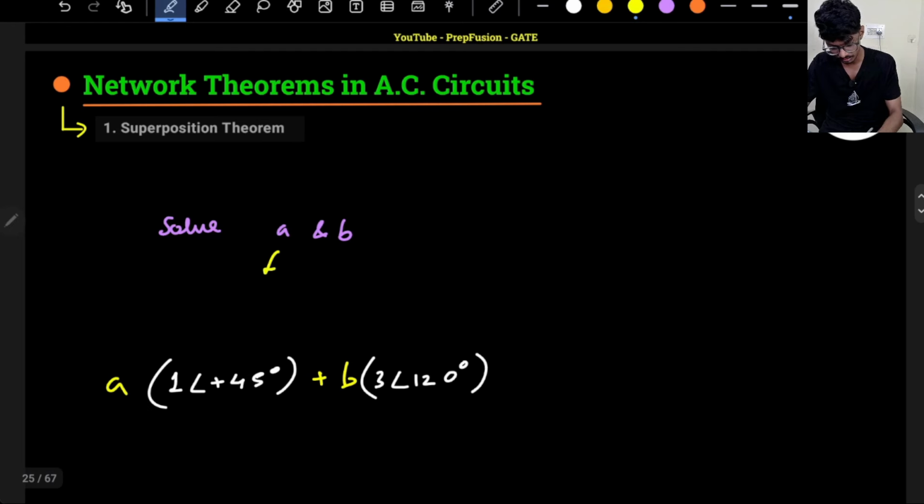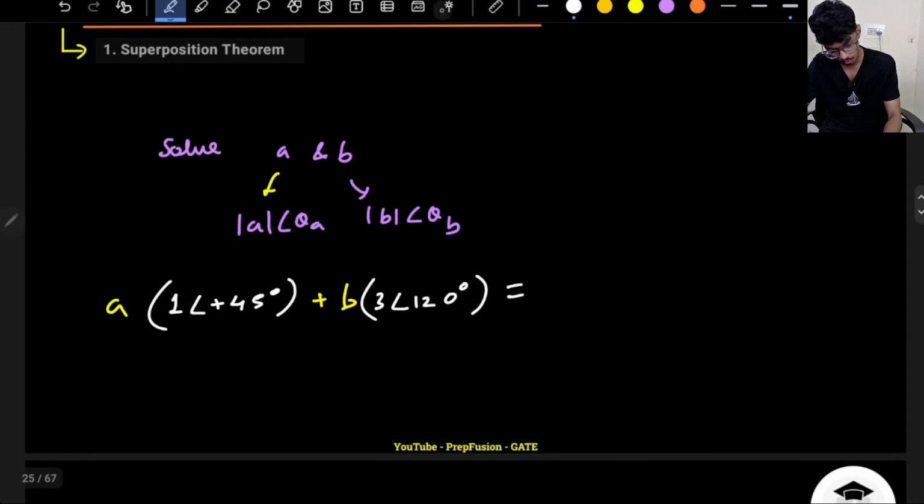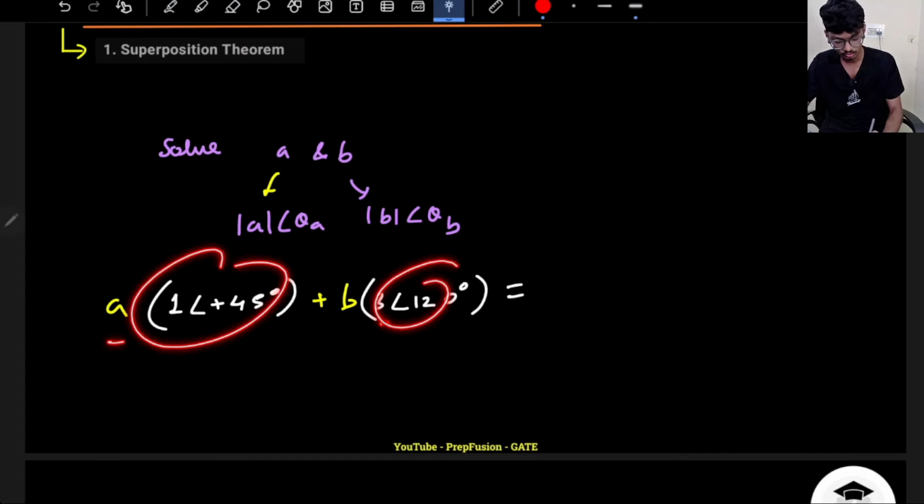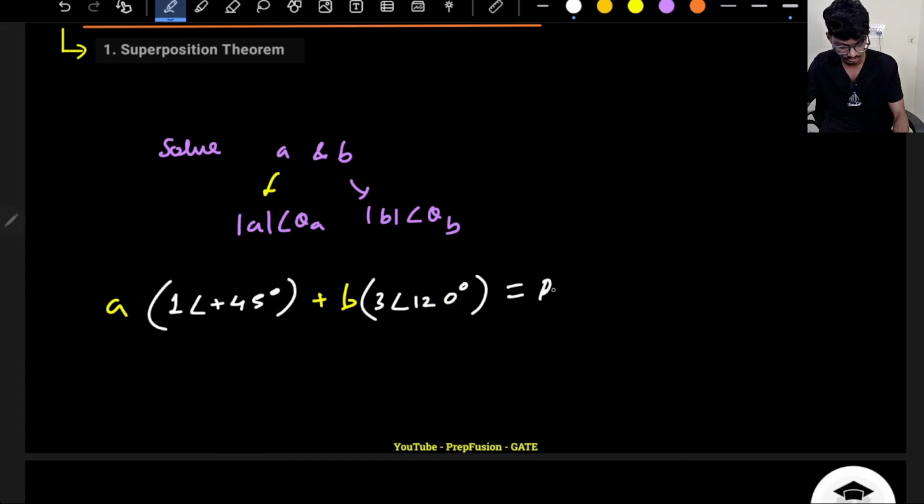All of these will be some magnitude of A, angle theta A, and magnitude of B, angle theta B. So ultimately you know A, you know B, you know these values, so you will get some result. This will be an answer. So this is what I wanted to do and cross verify.